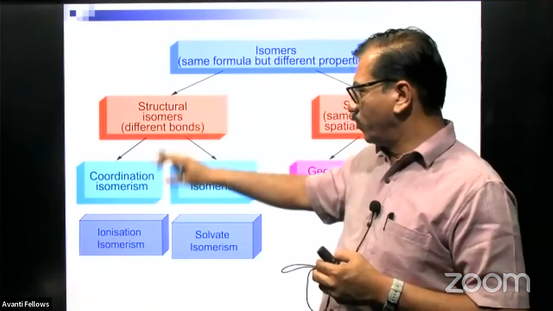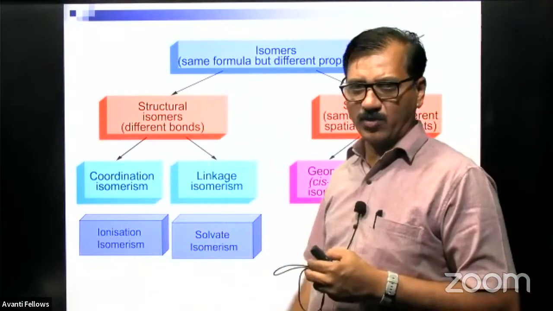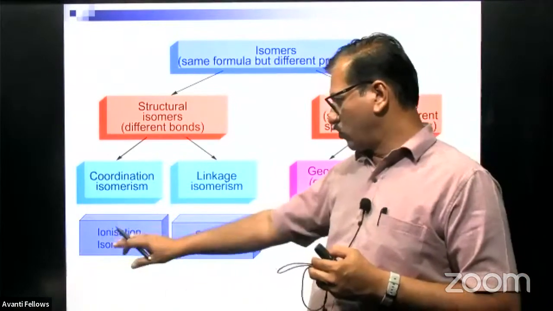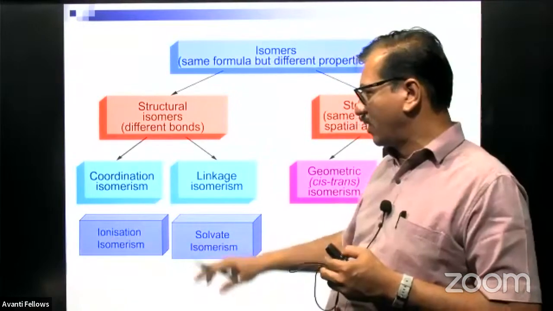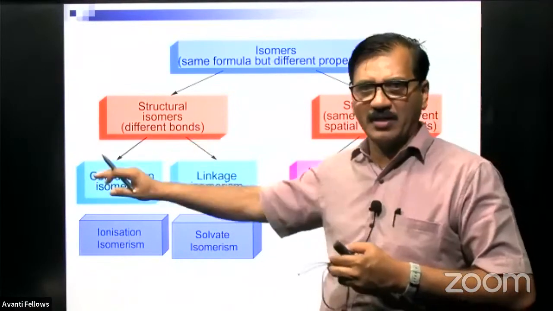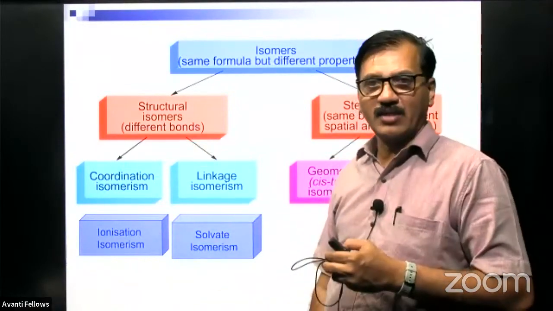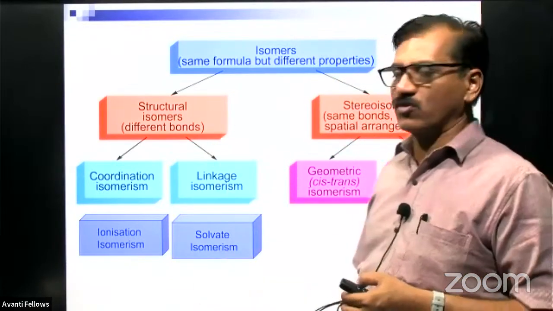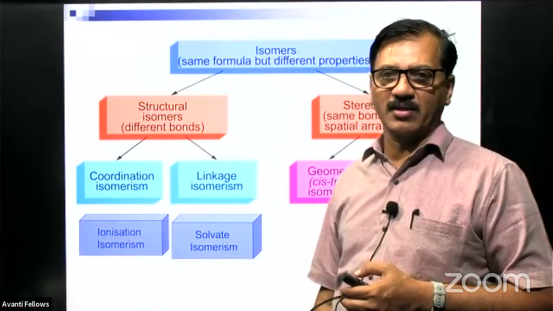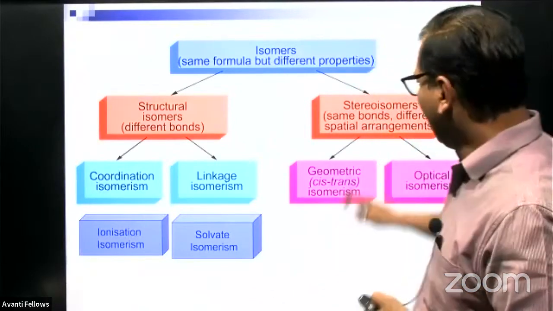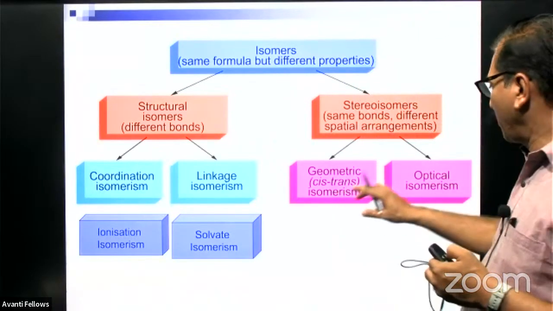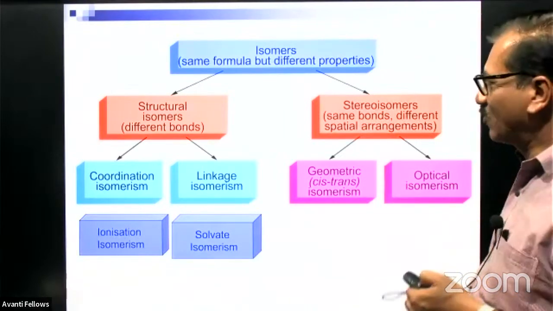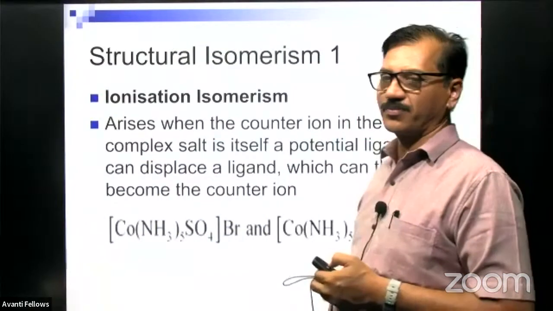Among structural isomers, there are 4 types: ionization isomerism, solvate isomerism, linkage isomerism, and coordination isomerism. In stereoisomerism, there is geometrical and optical isomerism. Let us look into all these things one by one.